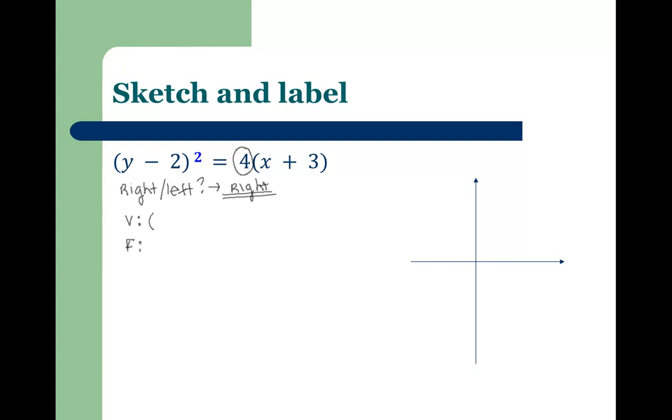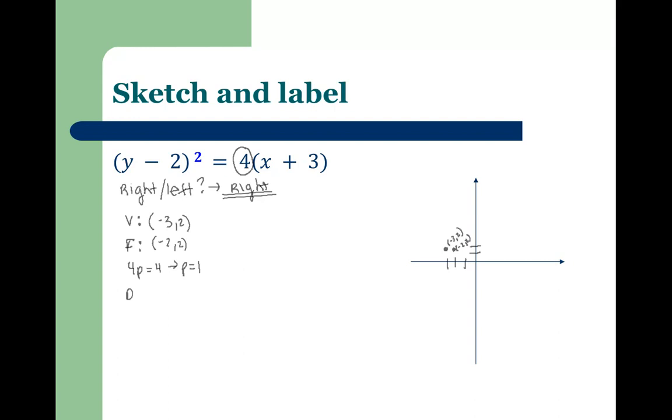So the vertex, h, k, is negative 3, 2. The focus, so I have 4p equals 4, therefore p equals 1. So I'm going to have to go 1 to the right. So I'm going to end up at negative 2, 2 for the focus.